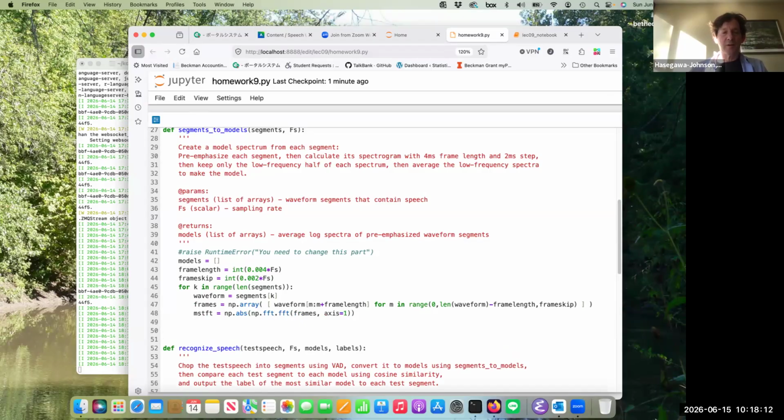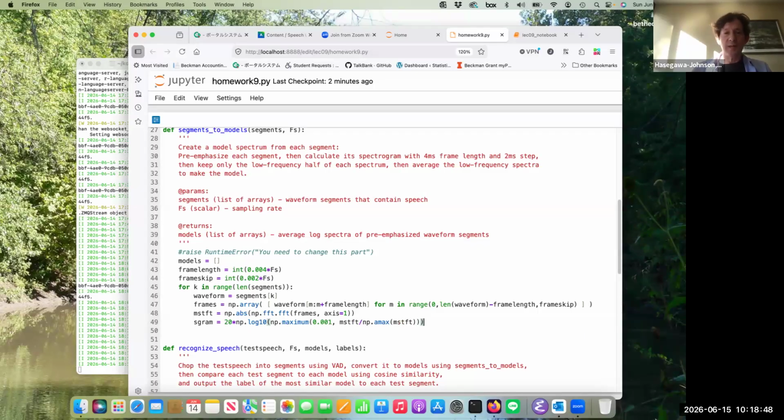And then I want to calculate the spectrogram, which will be, oh no, just the spectrogram first. The spectrogram is going to be 20 times the log base 10 of the MSTFT. And let's see, I want to divide that by the maximum. And then I want to take the maximum of 0.001 for that spectrogram. So if it's greater than 1/1000th, then I'll just take its logarithm.